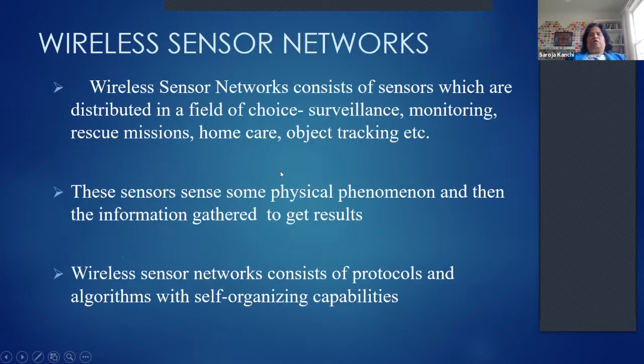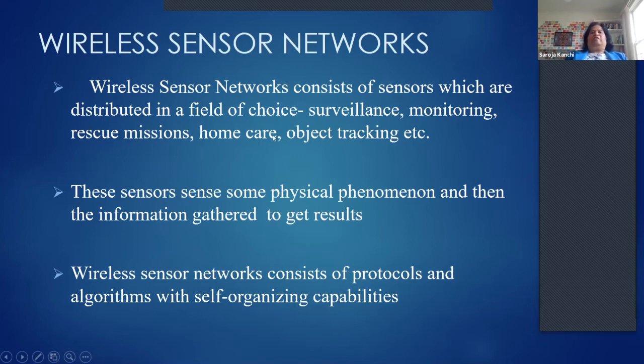Let's start with what wireless sensor networks are. These are a set of sensors that are deployed in various devices in order to basically provide a huge number of applications such as surveillance, and you can do environmental monitoring, monitoring underwater, looking for things under the ocean.